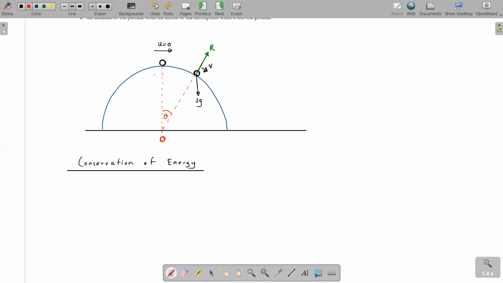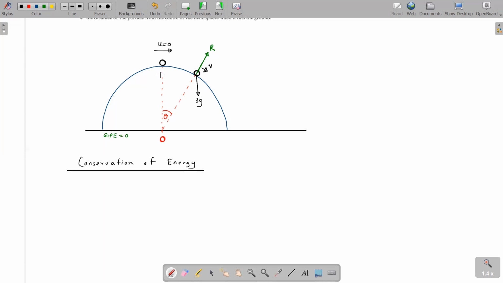It's entirely up to you where you choose. I'll choose this point. If you choose a point like this, you will get some redundant part of a height. When I choose this downward level, both of these will have a common part and that will cancel out, so it's perfectly fine. Or else, as I told you, you can go with kinetic energy gain equals potential energy loss, which is perfectly fine here.